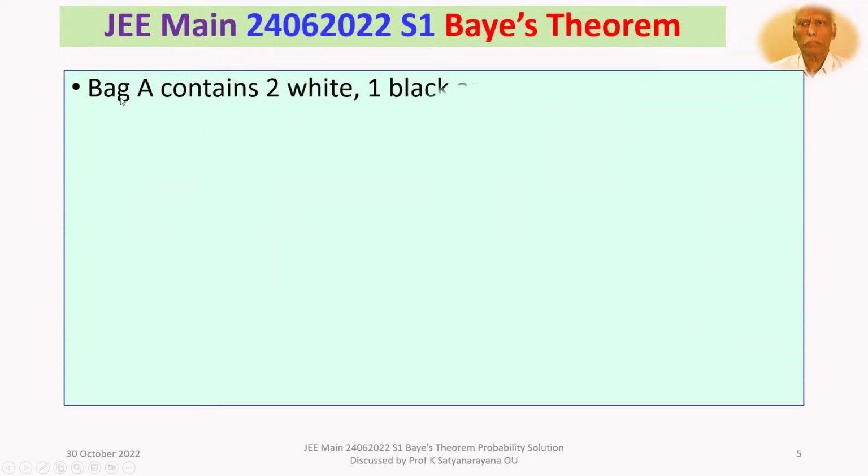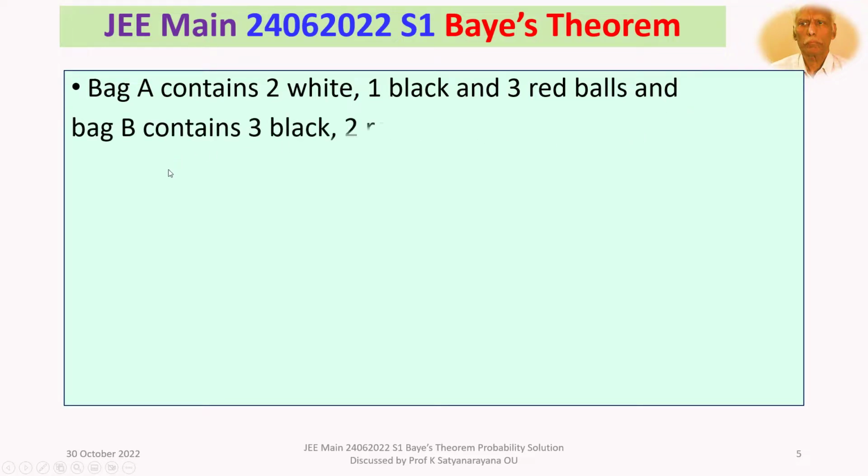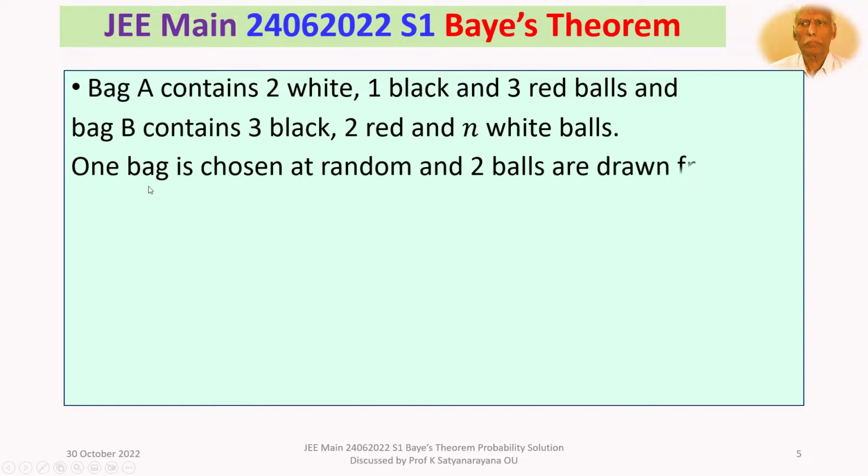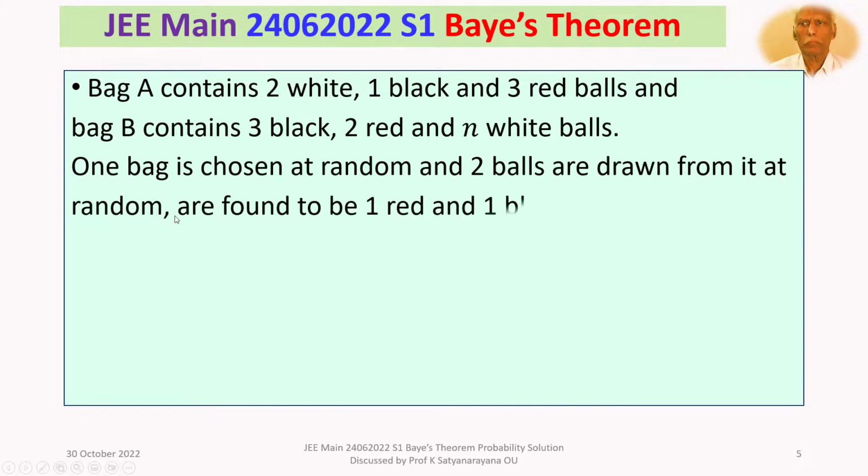The problem is: bag A contains 2 white, 1 black and 3 red balls, and bag B contains 3 black, 2 red and n white balls. One bag is chosen at random and 2 balls are drawn from it at random, and are found to be 1 red and 1 black.